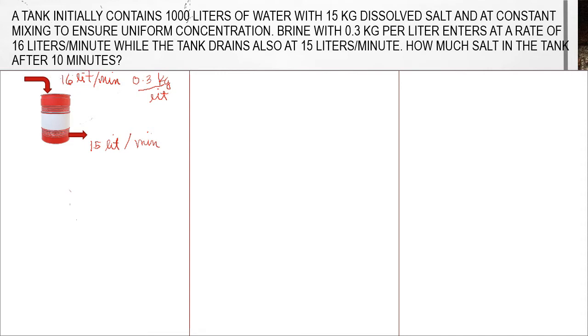So that means that the change of volume is equal to the difference of the input minus the output. So we have 16 liters per minute minus 15 is equal to 1.